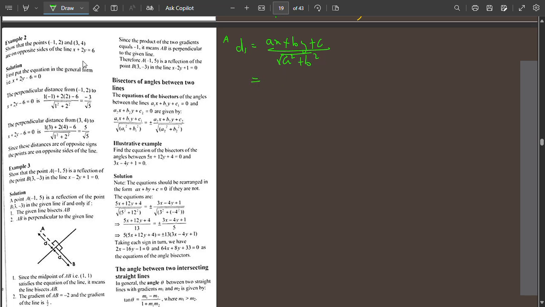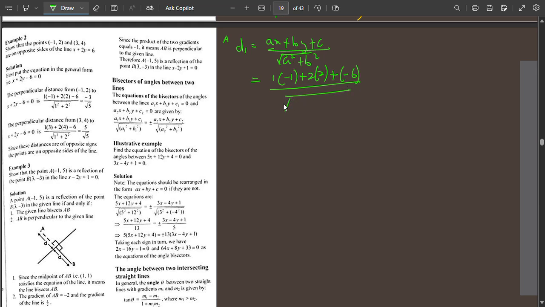A is 1 because the coefficient of x is 1. So 1 times x, which is negative 1. What's b? B is 2. Then what's y? Y is 2. Plus c. What's c? C is minus 6. It's 6 here, but I will have to send it to the other side so that it becomes ax plus by plus c. So c becomes minus 6.